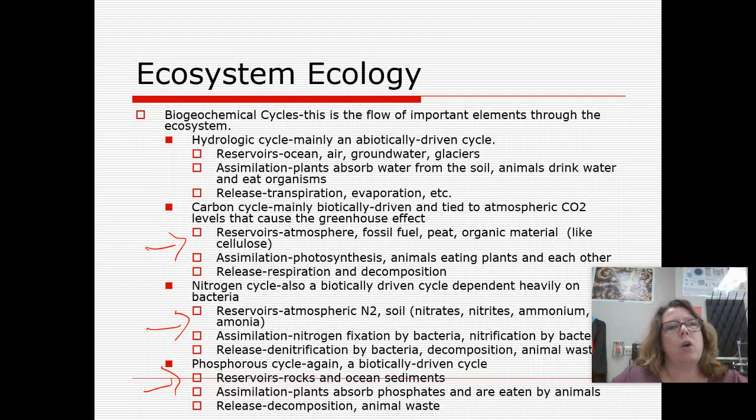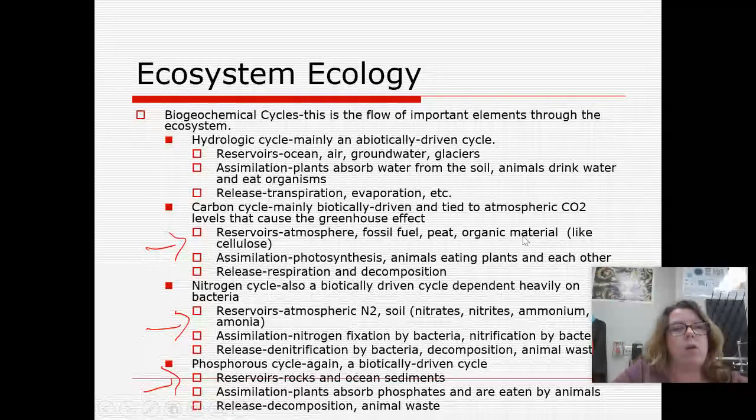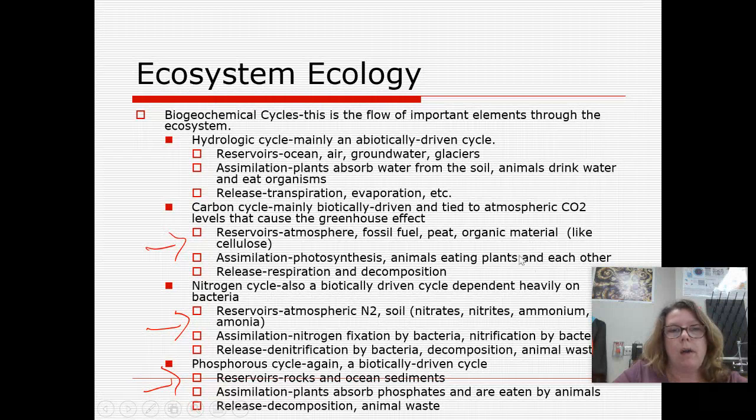Okay, so with the carbon cycle, you have the atmosphere is a huge carbon sink, and obviously the ocean is a huge carbon sink, right? Because a lot of carbon dioxide will dissolve into the ocean. Fossil fuel, peat, and then organic material also is a sink for the carbon cycle. And then you've got assimilation, right?